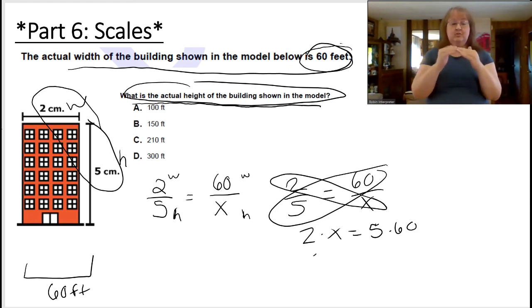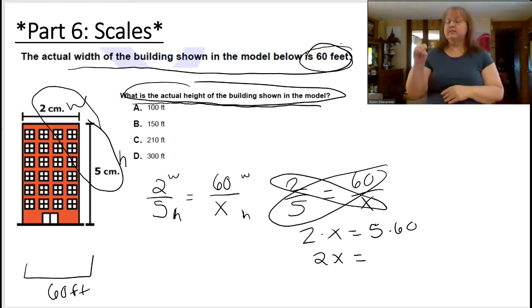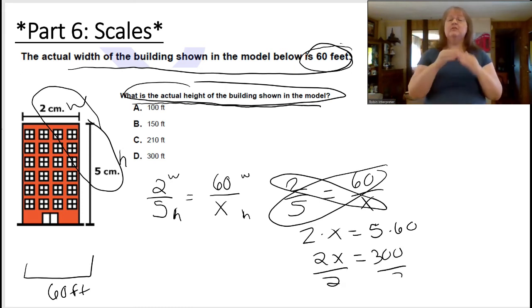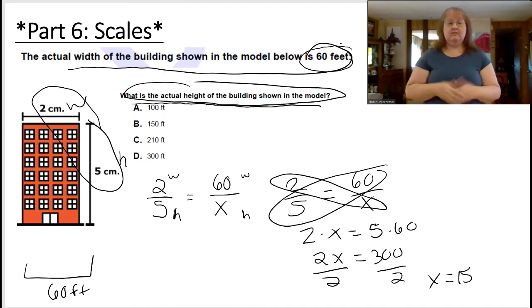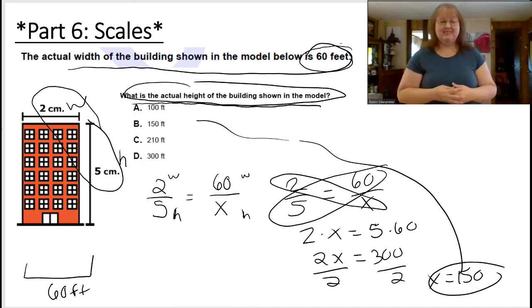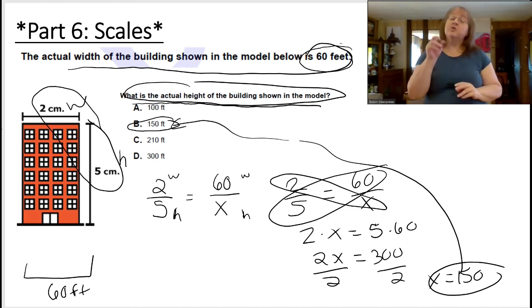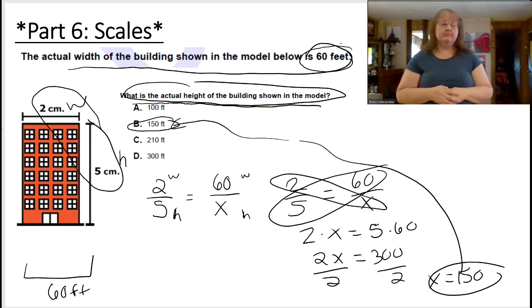So 2X equals 300, divided by 2, X equals 150. And it's okay that there are different units, that one is in centimeters and the other ratio is in feet, because we're comparing something that's similar.